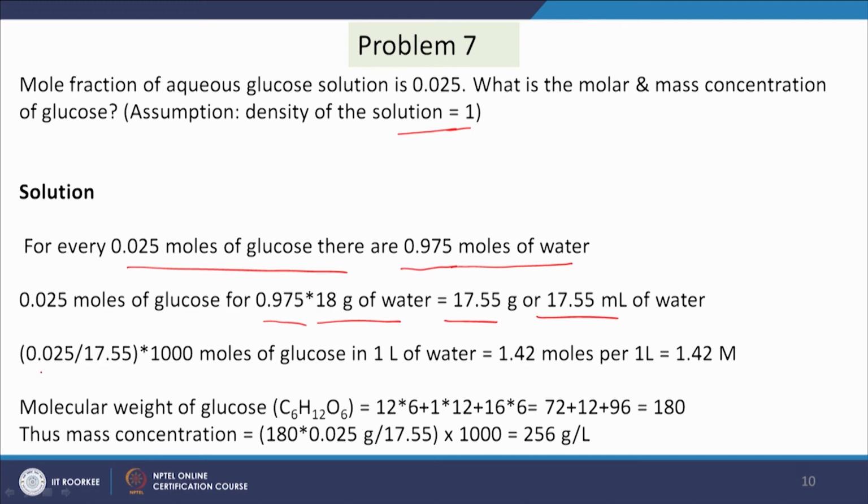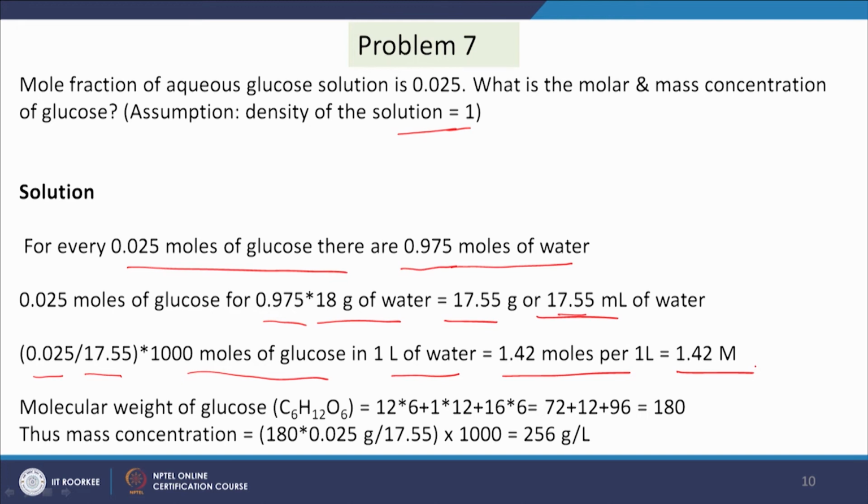Now, 0.025 divided by 17.55 into 1000 moles of glucose in 1 liter of water. So, that is equal to 1.42 moles glucose per 1 liter. So, the solution strength is 1.42 molar.